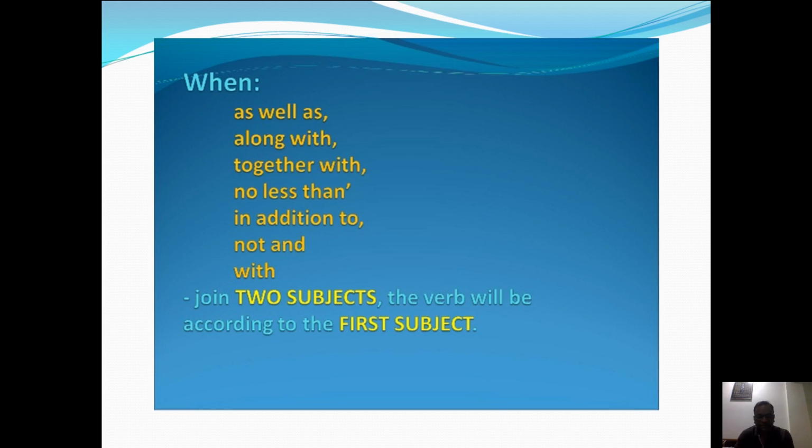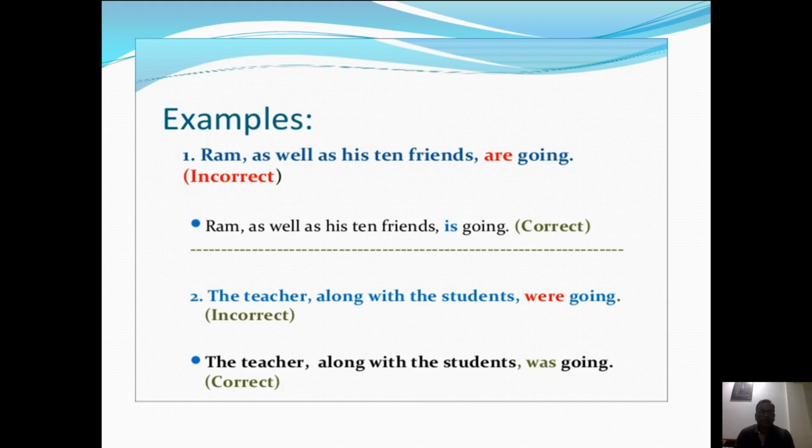Now we'll see the examples. Ram as well as his 10 friends are going. Here "as well as" is there, so the first subject is Ram. So instead of "are", we will have to use "is". Ram as well as his 10 friends is going.